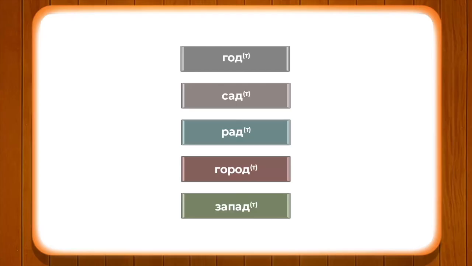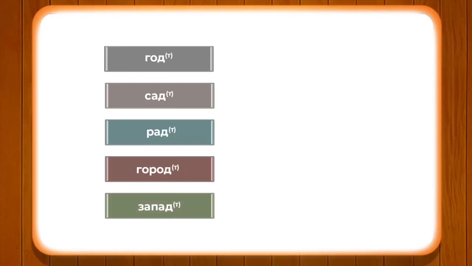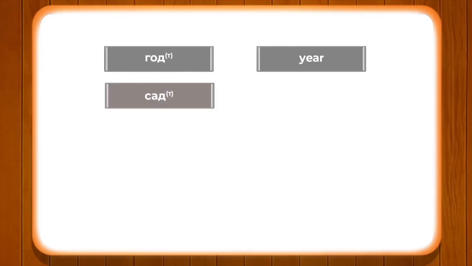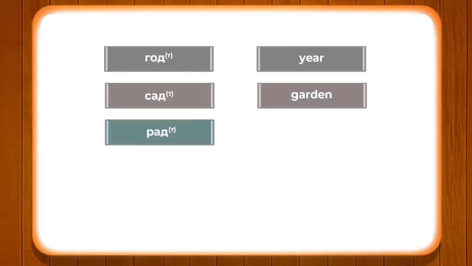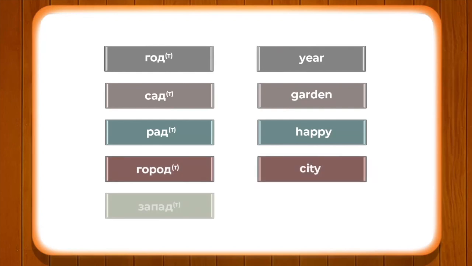So, it is changing into te. Likewise we have other examples, sad, rat, gorat, zapat. And now, let us learn their meaning. God means year, sad means garden, rat means happy, gorat means city, and zapat means west direction.